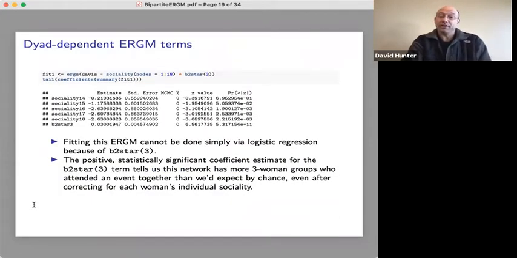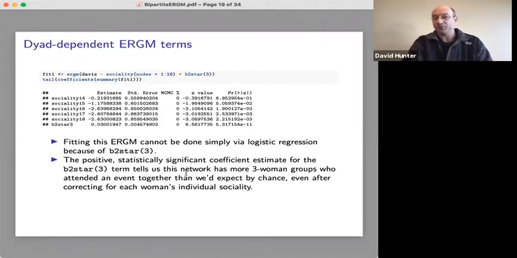What we're looking at right now is a model that contains 2 terms according to the specification in ERGM. There's sociality with all 18 nodes, and then there's a 3-star term centered at the B2 nodes. And because that 3-star term is dyad dependent, that means the entire model is dyad dependent, which means that we can't fit this model using simple logistic regression the way we can when all of the terms are dyad independent.